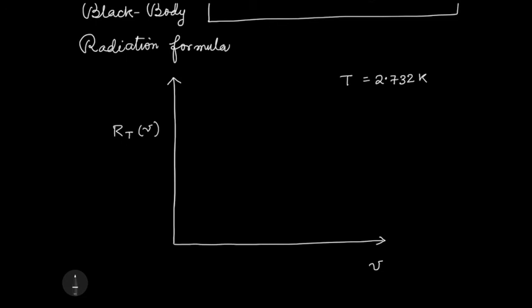This is a measured value, obviously. NASA in the 1990s sent a satellite to measure the blackbody spectrum. Now, when you do any measurement, you get to measure it at some discrete values of frequencies. So maybe these are the points that you measure.